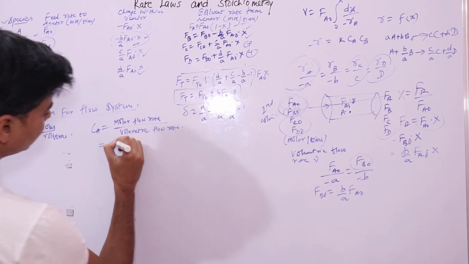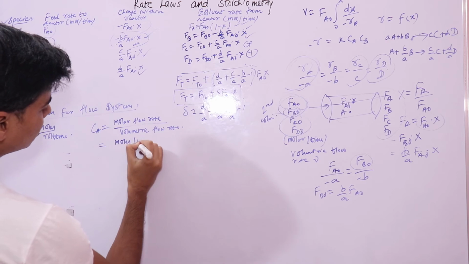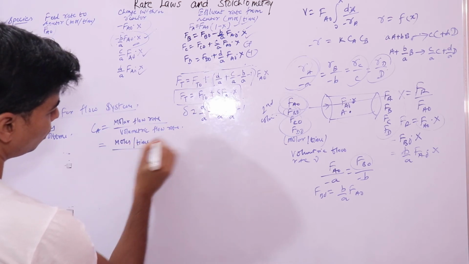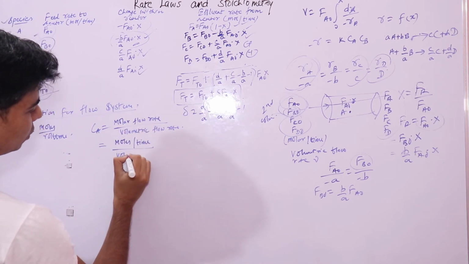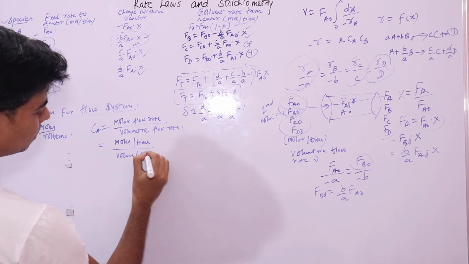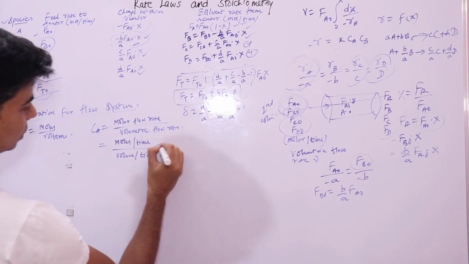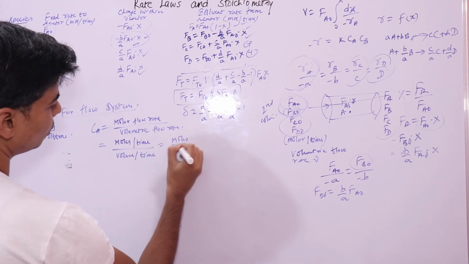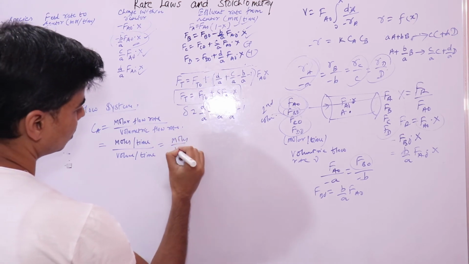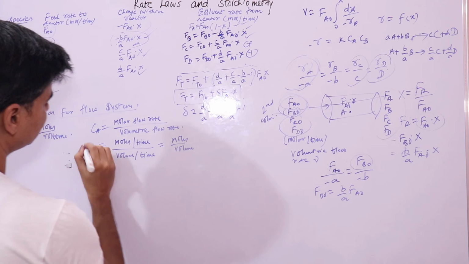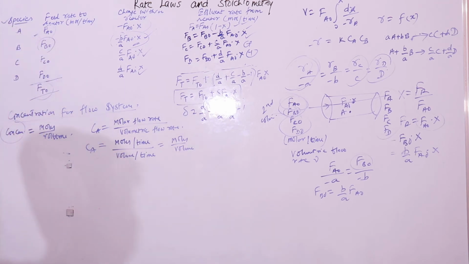So molar flow rate is moles per unit time. Volumetric flow rate is volume passing per unit time. So this would be moles upon volume. This is your CA, moles upon volume.